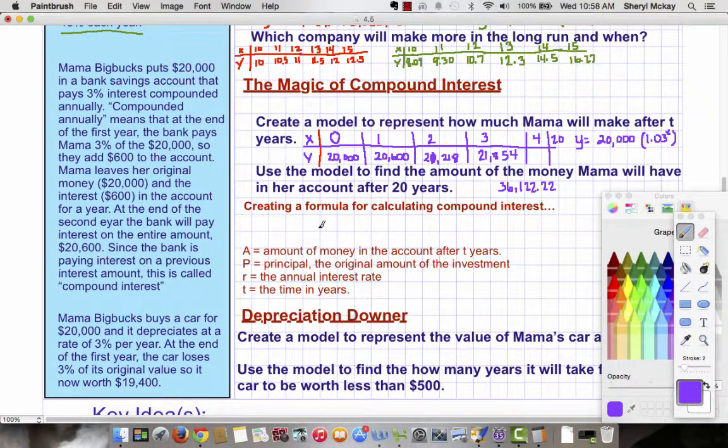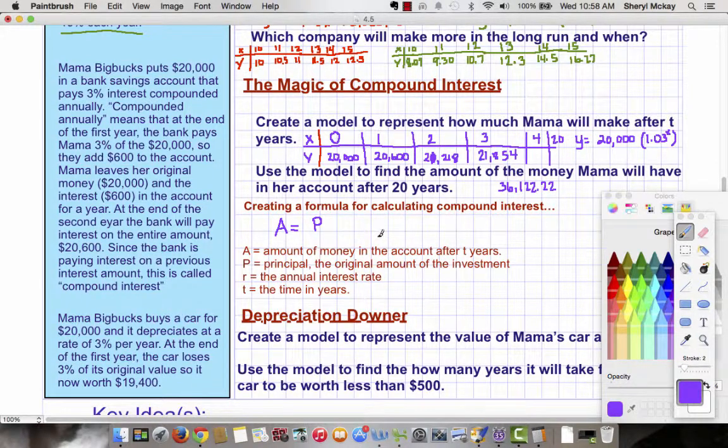Basically, we're going to say A is the amount of money in the account after T years. That's going to be equal to the principal, P. Principal is the original amount of the investment, so that would be the $20,000 that Mama put in the bank.